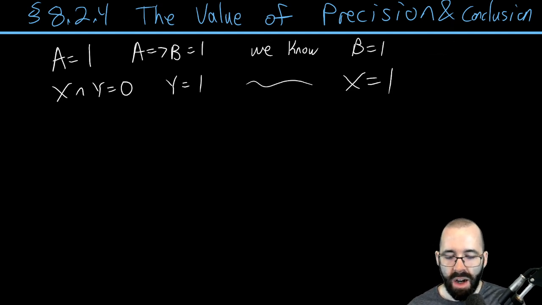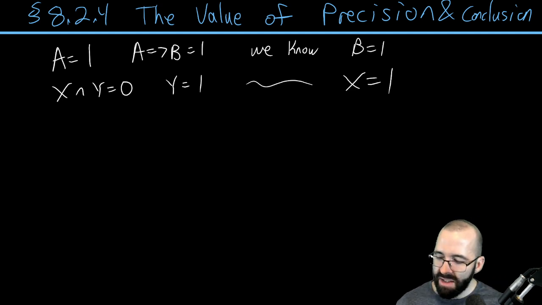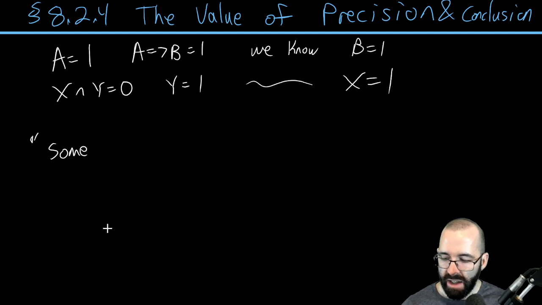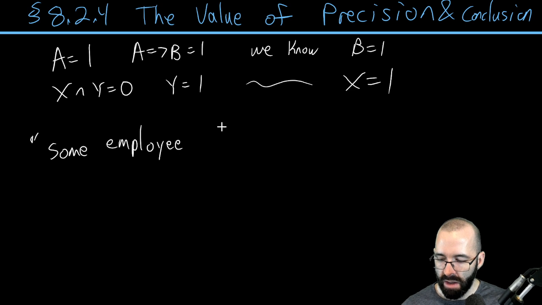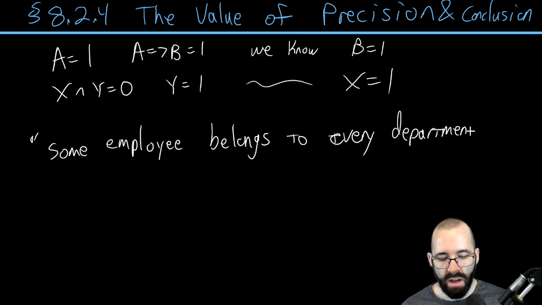I'm also now going to talk about the niceness of precision, the fact that predicate logic is so precise. English is pretty messy. Let's think of a company, and in that company, if I tell you that some employee belongs to every department, what does that mean? Well, it could mean two different things, maybe even more.